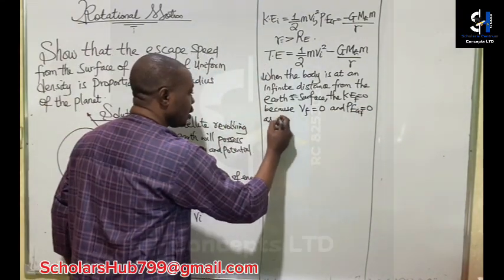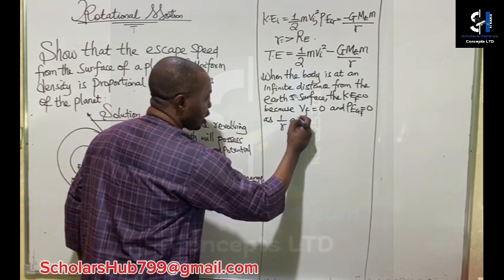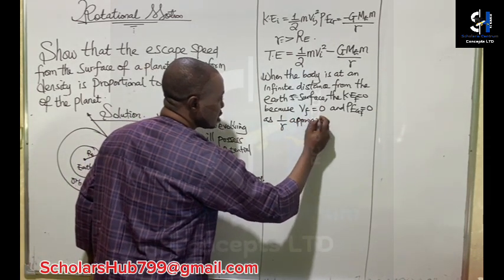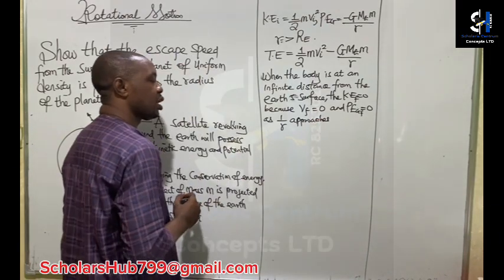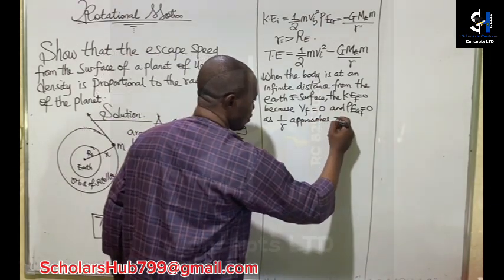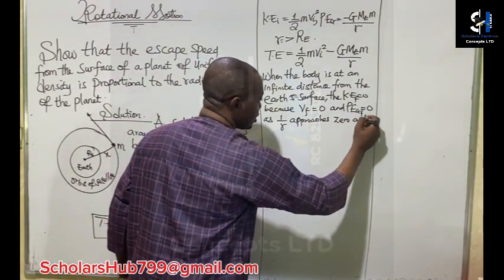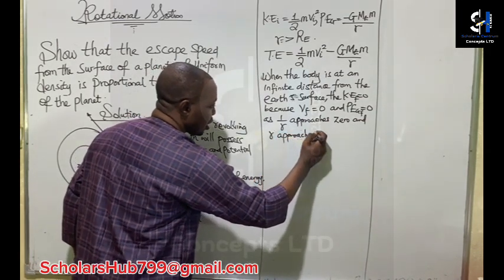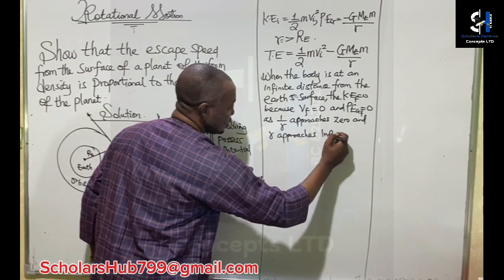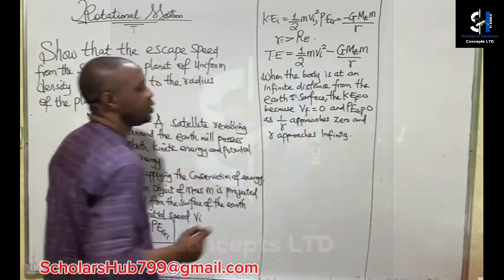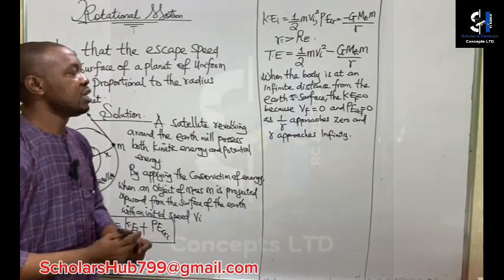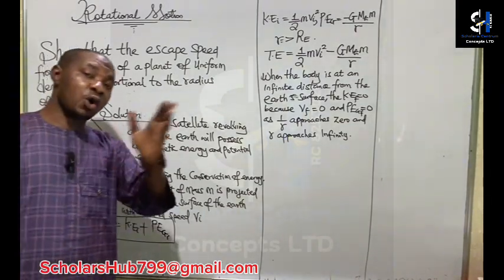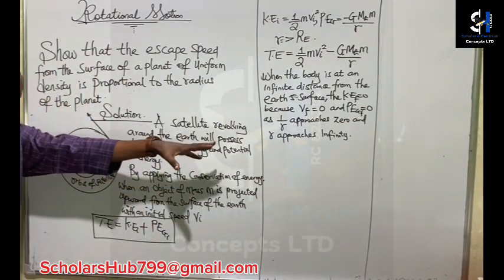This is because the reciprocal of r approaches zero as r approaches infinity. Therefore, it means that the satellite will leave the orbit of the Earth. That is what I'm trying to explain here.